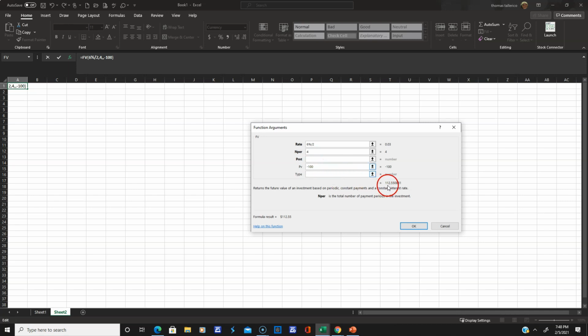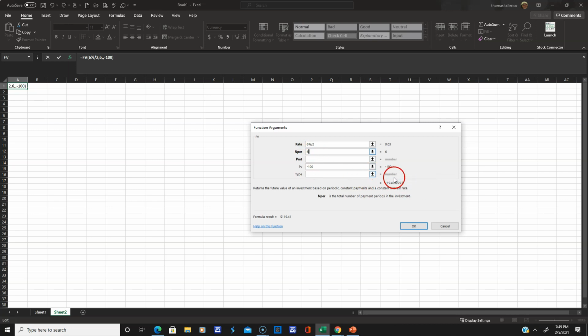Now you can see how it grew to 112.55. So remember, this is 3% every 6 months, but I said, okay, let's do it for 2 years. So there's 4 6-month periods. If it was 3 years, this would be 6 6-month periods, right? So it's growing. The more periods I have, the more my money grows.